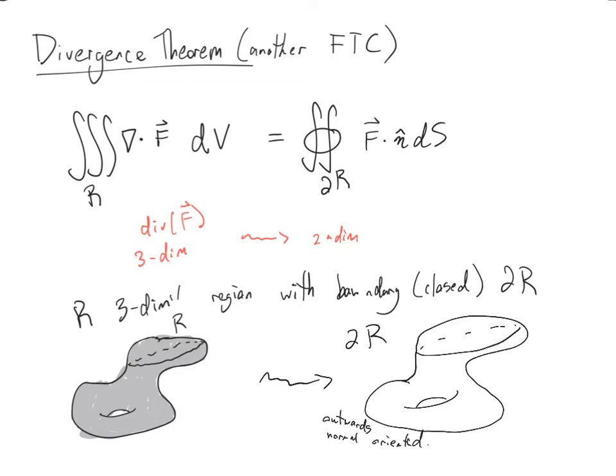Because R is a three-dimensional region, and it's going to have to be a bounded region, then in order for its boundary to exist and be closed, closed means that it has no boundary of its own. You get this guarantee that you can pick an outward normal.